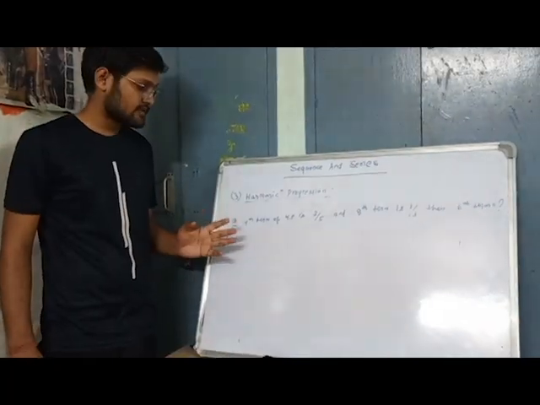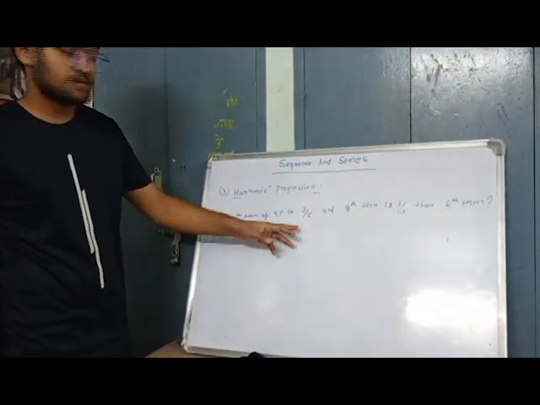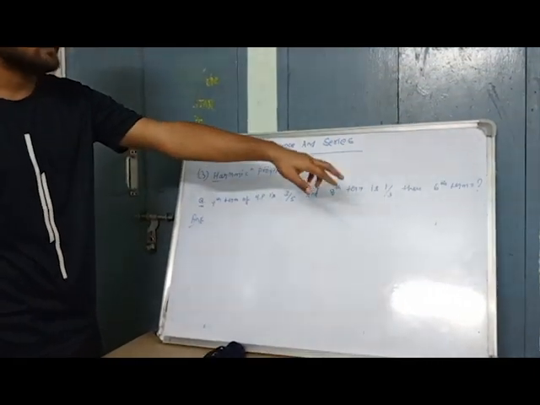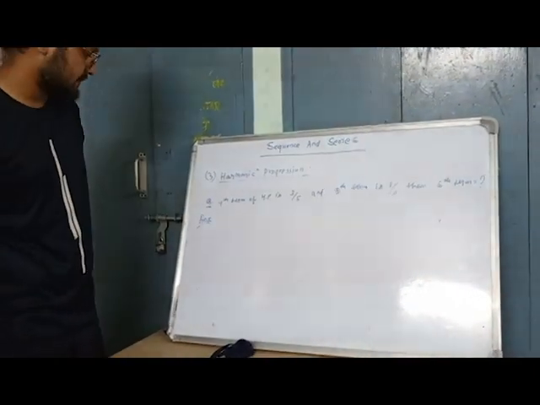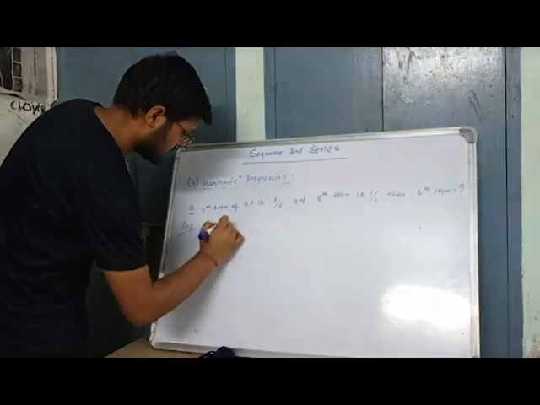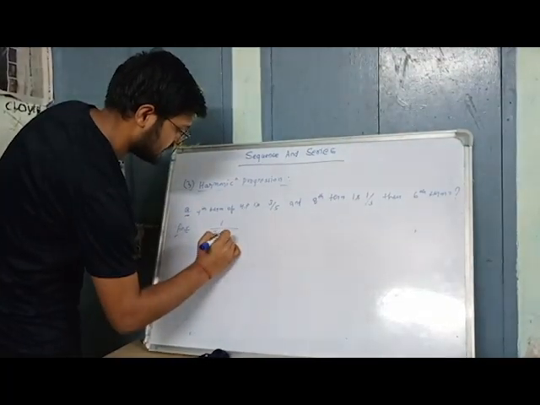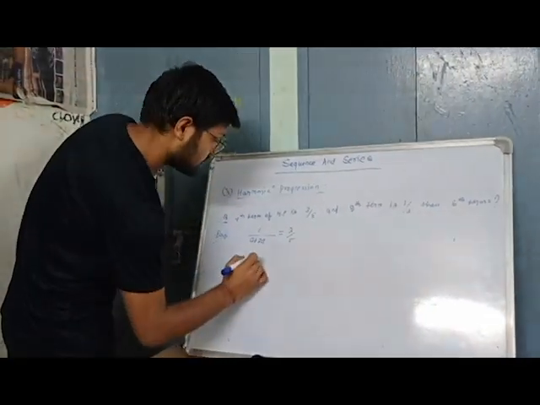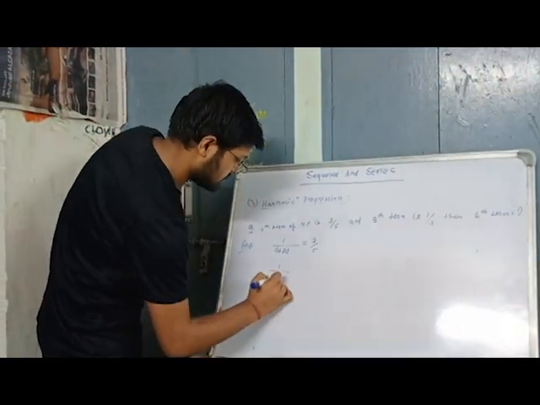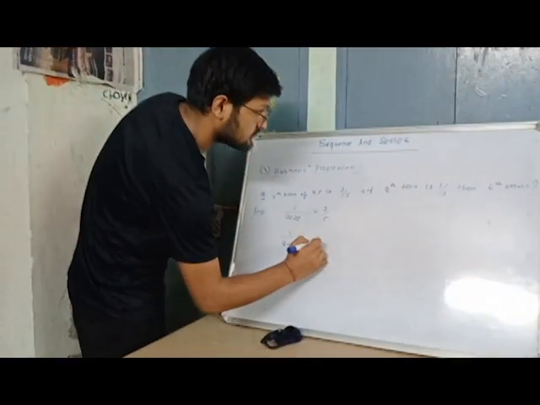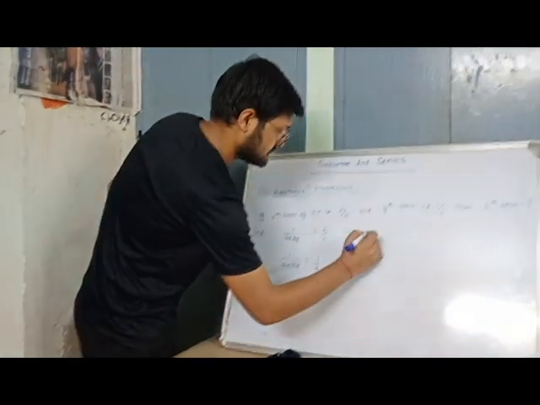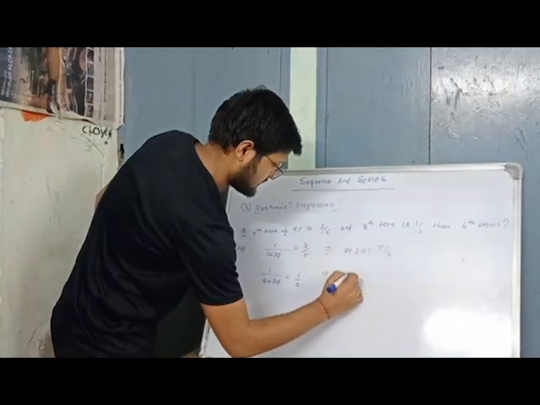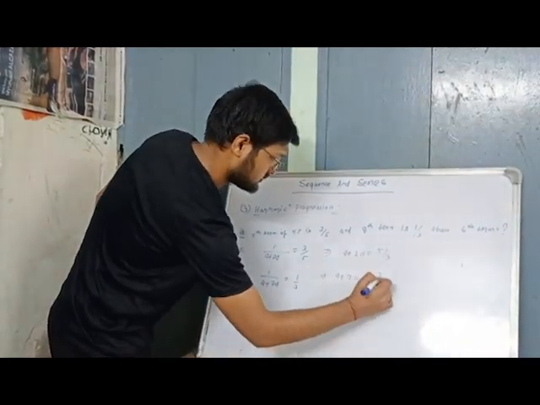Here a question is asked: the 4th term of an HP is 3 by 5 and the 8th term of the HP is 1 by 3. Then the question asks about the 6th term. The 4th term is 1 upon (a plus 3d), which is 3 by 5, and the 8th term is 1 upon (a plus 7d), which is 1 by 3. We can also write this as a plus 3d equals 5 by 3, and a plus 7d equals 3.